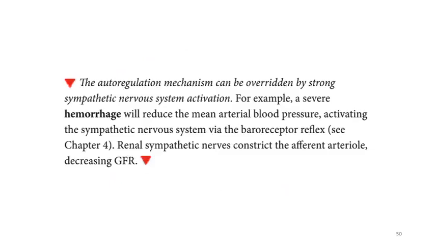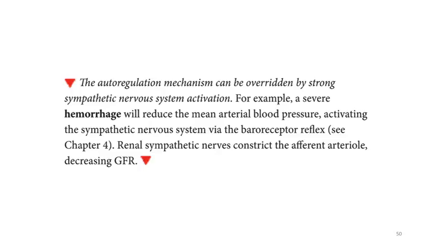Sometimes the autoregulatory mechanism cannot be effective. For example, if the reduced GFR is due to hemorrhage, the strong activation of the sympathetic nervous system will override the autoregulatory mechanism. Due to hemorrhage and reduction of blood pressure, the autoregulatory mechanism wants to dilate the afferent arteriole to increase the hydrostatic pressure and increase GFR.